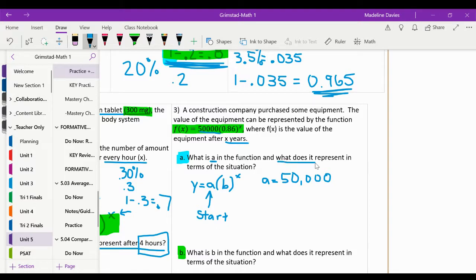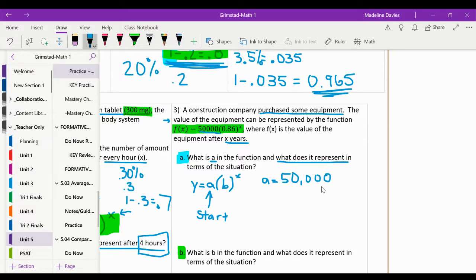But I need to figure out, what does it represent in terms of the situation? What is our starting value? Let's look back up here. A construction company purchased, that's an important word, some equipment. The value of the equipment can be represented by this function. So I'm thinking that it has something to do with price, right? Purchased some equipment.